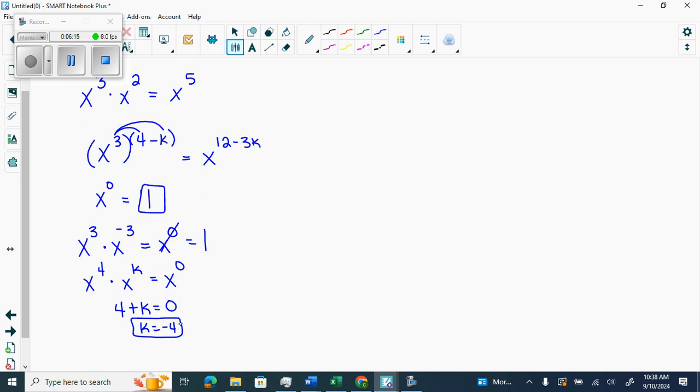Okay, grade 10. Still. 1 over x squared. How else can I write that? We were taught that you can move it to the numerator by doing what? Raising it to a negative exponent. So I can bring this up and make it join the 1, and it becomes x to the negative 2.